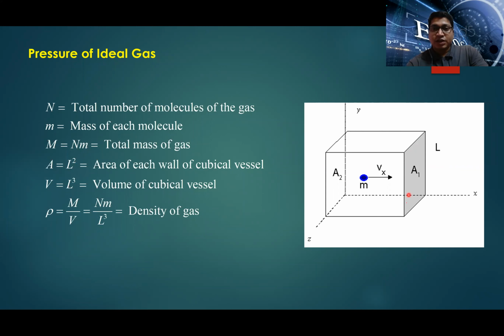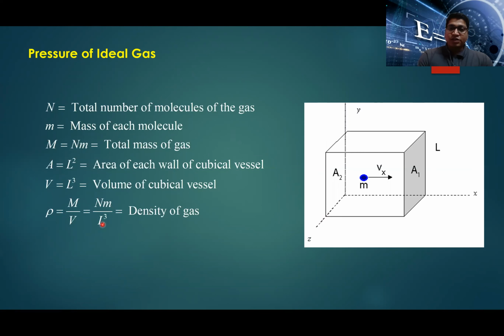As it's a cubical container, the area of each wall is the square of the side of the cubical box, so it is L square, and the volume of the cubical container will be L cube. Density of gas, as you know, is mass upon volume, so density of gas will become n into small m upon L cube. That's our consideration before deriving the expression for the pressure.